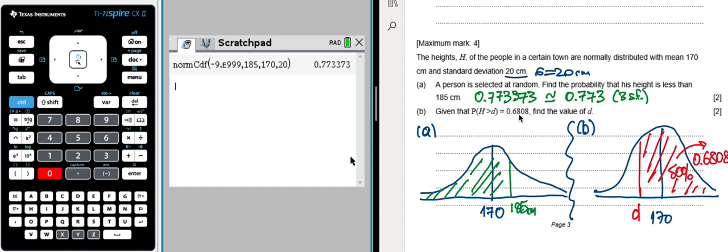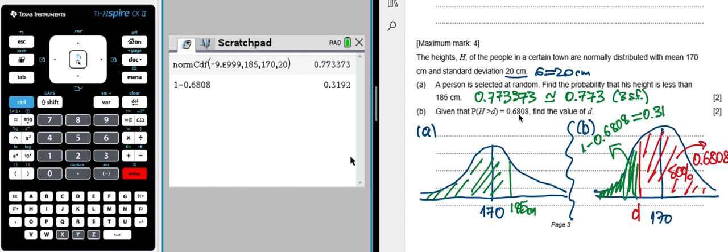So essentially, what makes sense is to calculate, let's highlight it in green again, the area on the left, and that's going to be 1 minus 0.6808, which, let's use the calculator for that, gives us 0.3192.